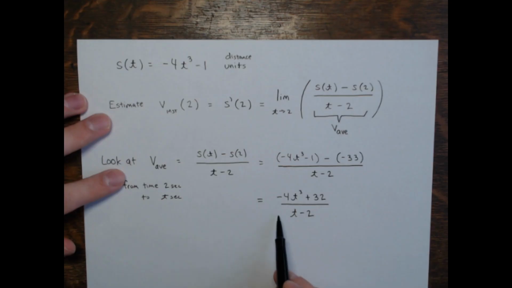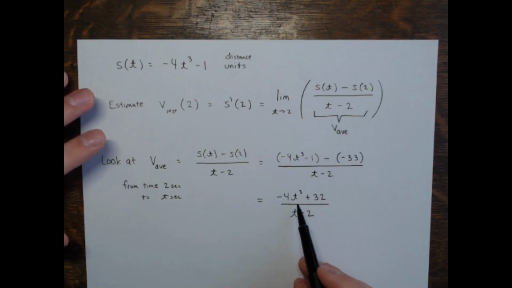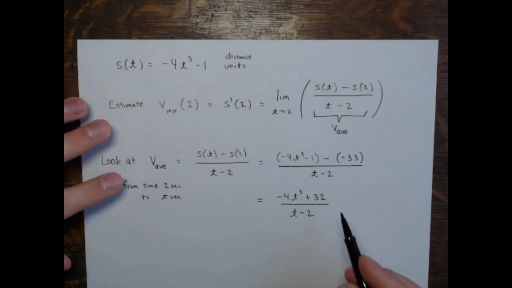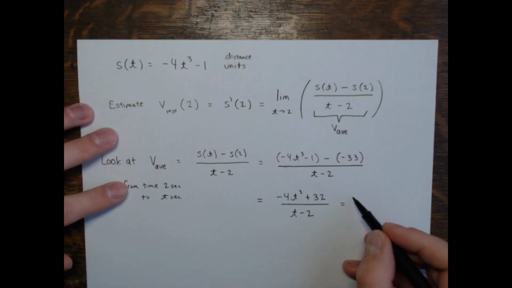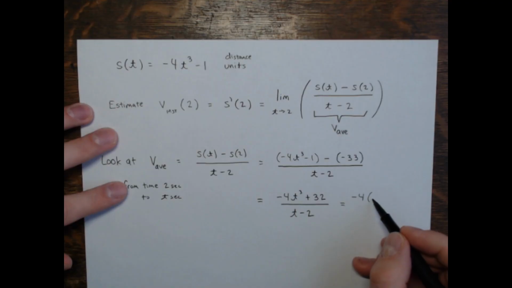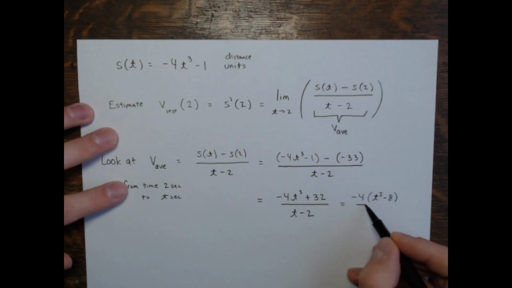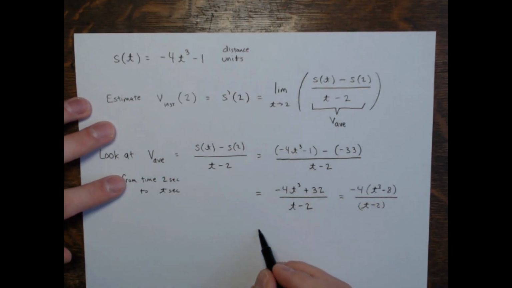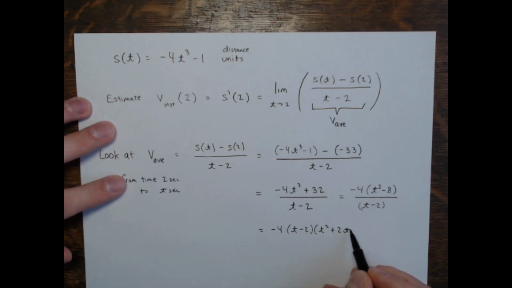Honestly, unless you remember how to factor really well, which I'm hoping you do, you could go further. Pull a negative 4 out of the top, and then you have t cubed minus 8 divided by t minus 2. This is a difference of cubes, t cubed minus 2 cubed, so that would factor to t minus 2 times t squared plus 2t plus 4.